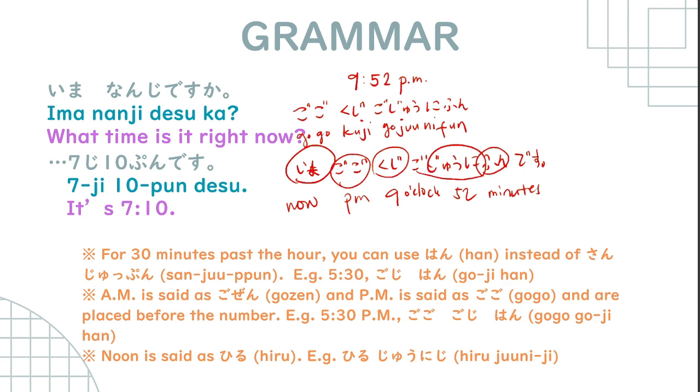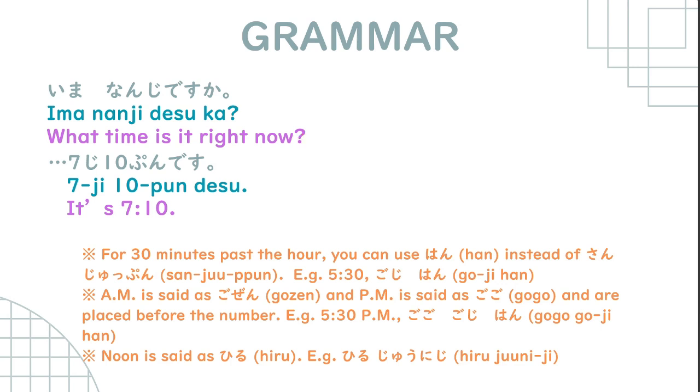AM and PM. And then there's another special note here that noon is said as hiru. For example, we have hiru 12時. So hiru means noon. Okay, so if it's 12 noon, you say hiru 12時.